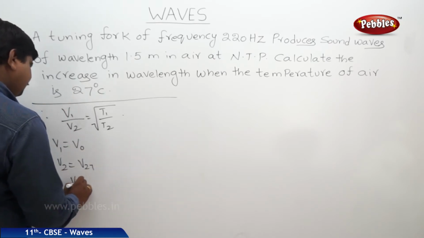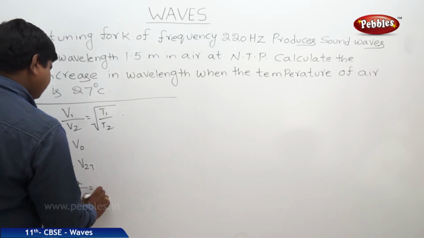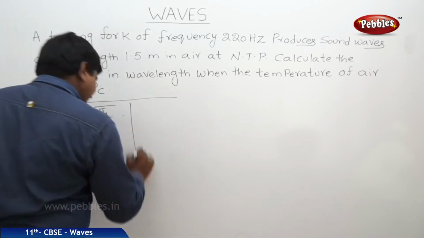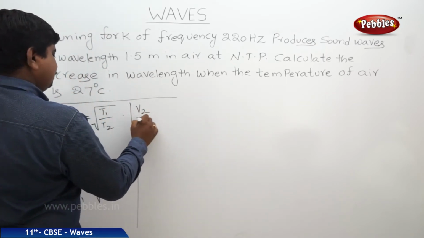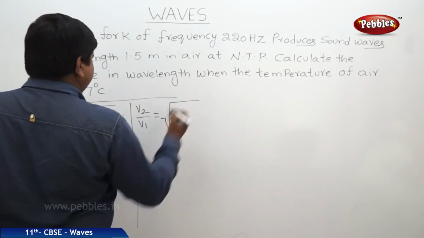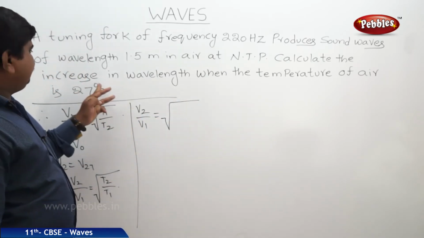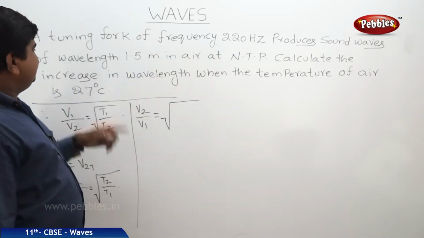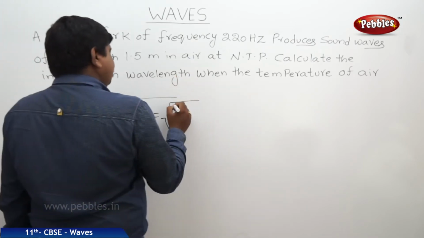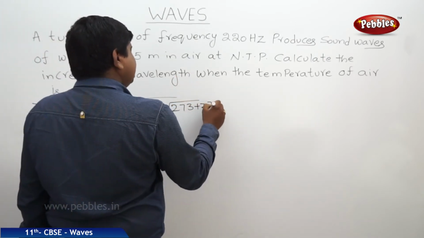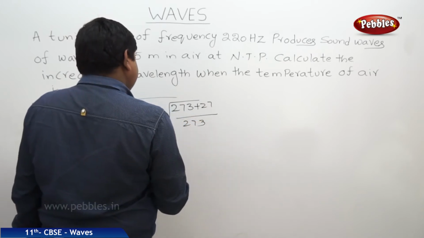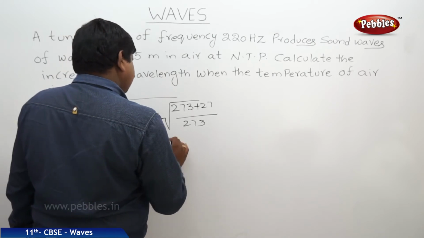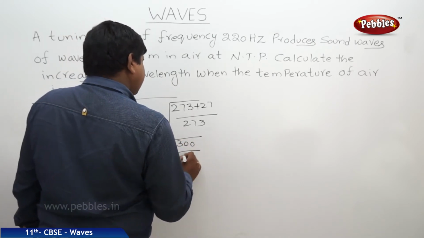Therefore, V2 by V1 is equal to square root of T2 by T1. The temperature is increased to 27 degrees Celsius, initially it is at 0 degrees Celsius. So V2 by V1 is equal to square root of (273 plus 27) by 273, that is square root of 300 by 273.